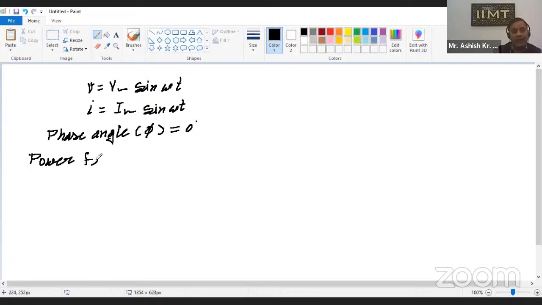Power factor is defined as the cosine of the angle between voltage and current.